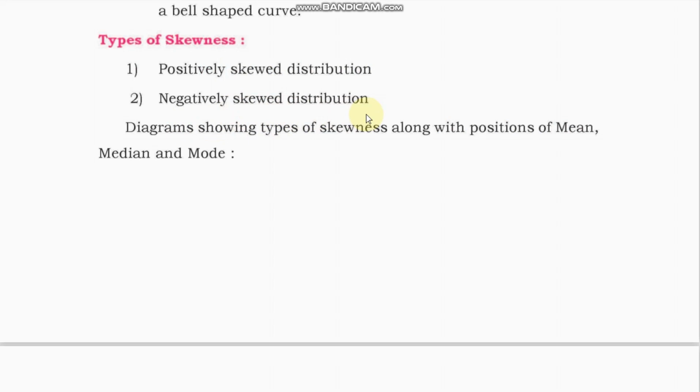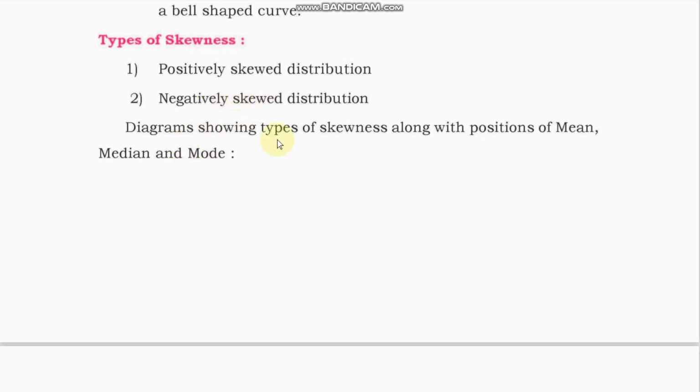In a distribution, if the mean, median, and mode values are not equal, or if the quartile positions are not equidistant, and if you draw the distribution on a graph paper it doesn't form the shape of a bell, then it is a skewed distribution. There are two types of skewed distributions here. One is positively skewed, another is negatively skewed.